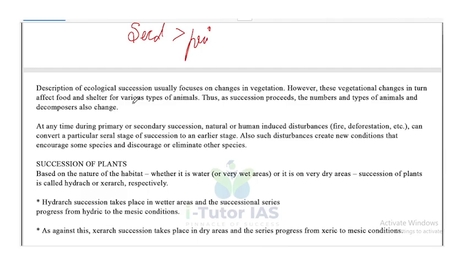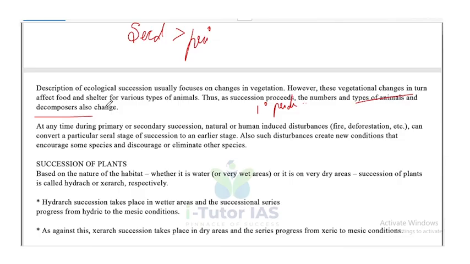Thus, as succession proceeds, the number and types of animals and decomposers also change. Because we have seen in the previous session that the plants are the primary producers, and all other animals depend on the plants.